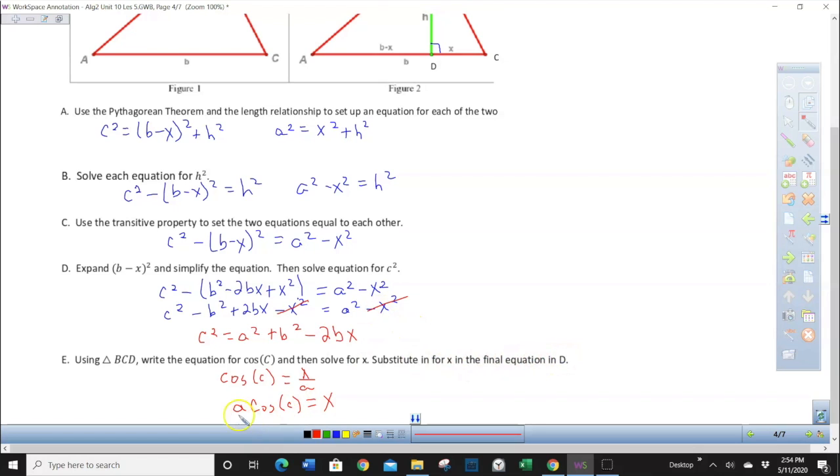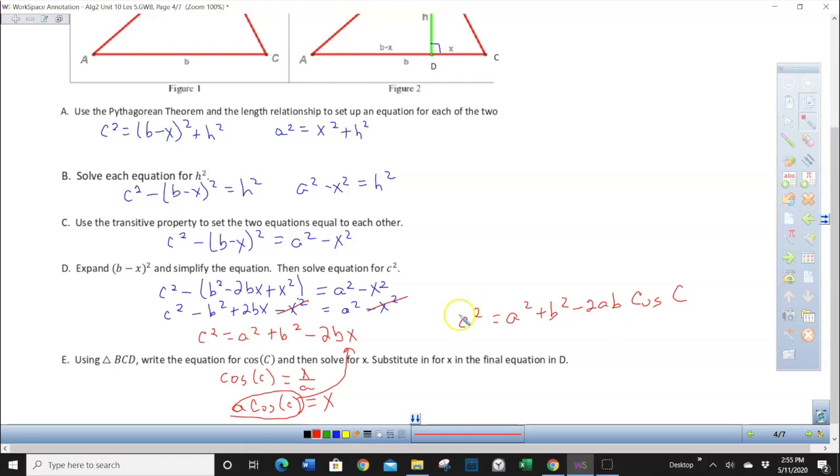So we're going to take this and substitute it right there. So that gives me c squared equals a squared plus b squared minus 2ab cosine C.